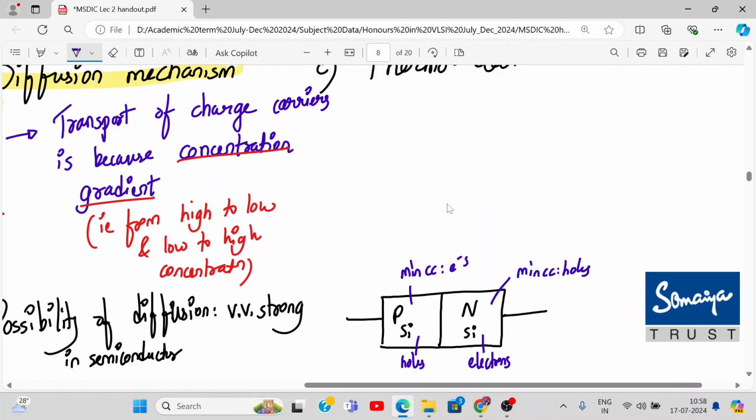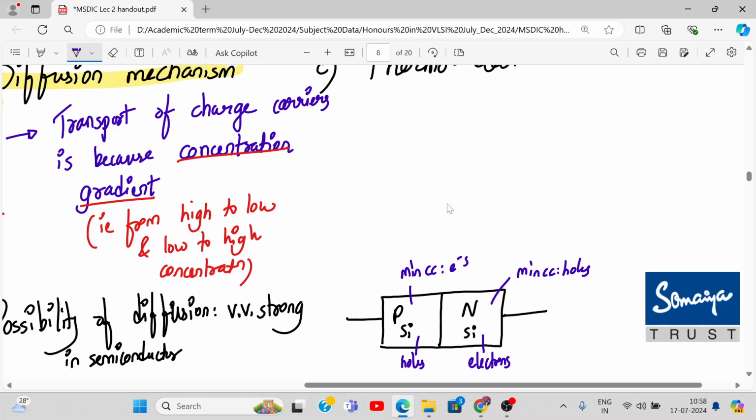When you go from region P to region N, the hole concentration changes drastically. Holes were majority, and when you go to region N, they become minority. Similarly, electrons go from N to P region; they are a majority in the N region but a minority in the P region. So there is a huge difference in the concentration of carriers.